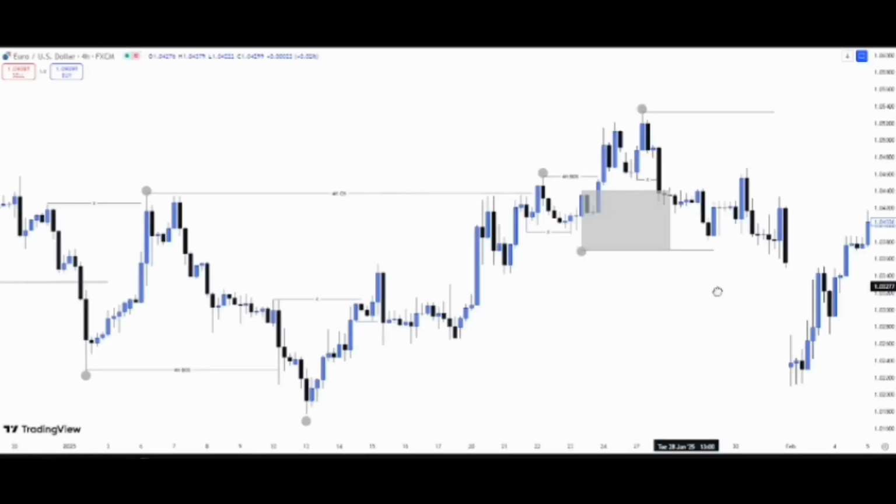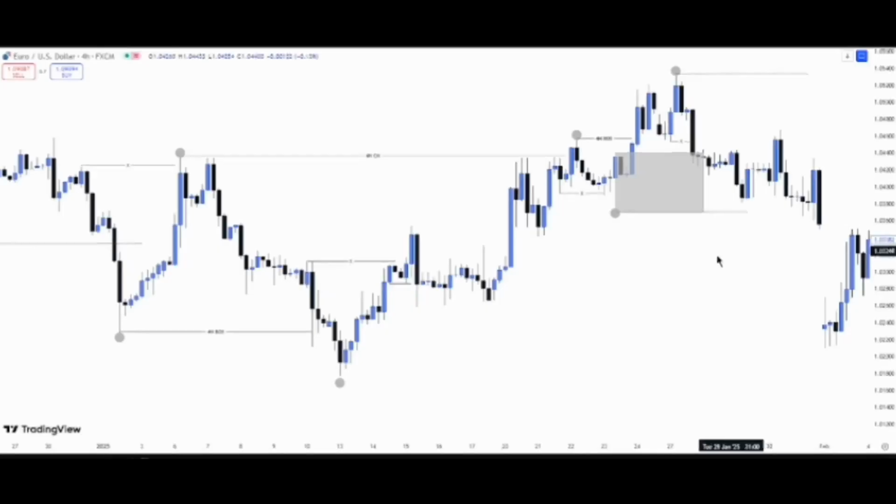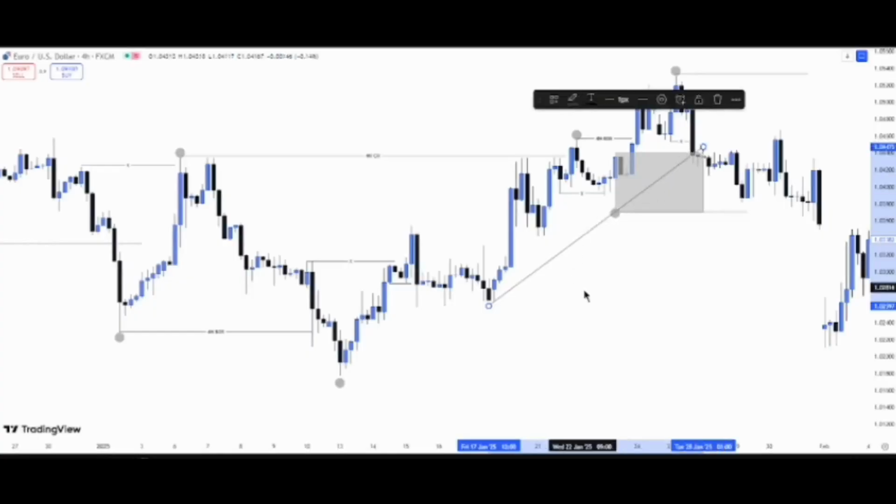Now look at what price did. Price came, boom, took out that area of interest. Why? Because if you look at this carefully, let's look at this from this angle. Okay, that's a trend line.